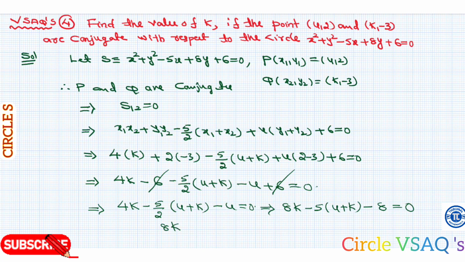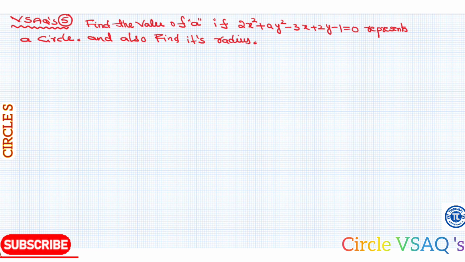Okay, 8k - 20 - 5k - 8 equal to 0, implies 8k - 5k is 3k equal to 20 + 8, that is 28, then k equals 28/3. Answer.